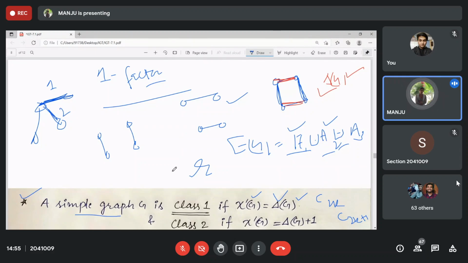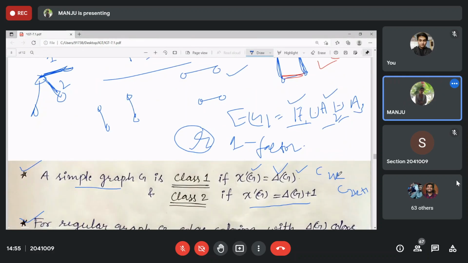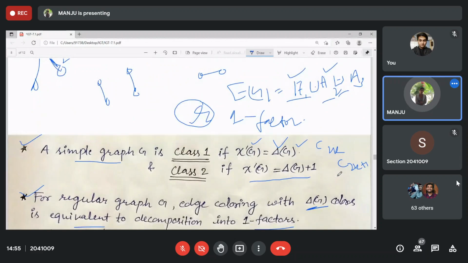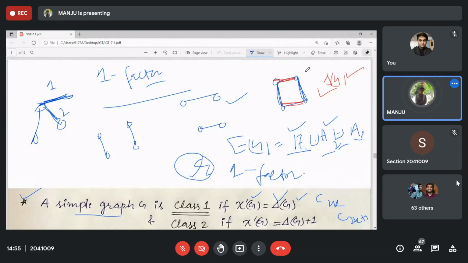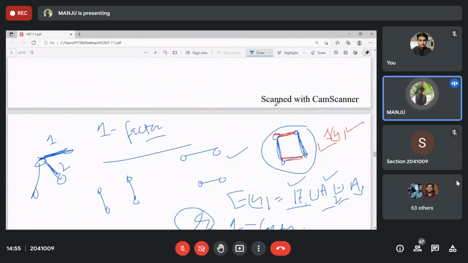Like this, you can have R number of one factors in an R regular graph. And this is also happening in a special type of graph, that is a one factorable graph. That means one factorization exists. For example, in Petersen graph also, you can have UI and VI.